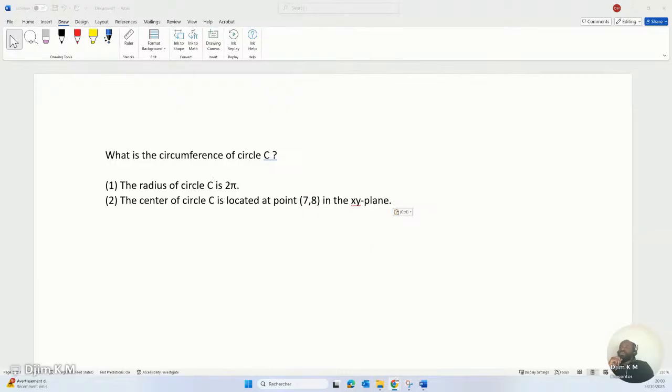What is the circumference of circle C? The radius of the circle is 2 pi. Okay, so here I think we need to find the formula of a circle.